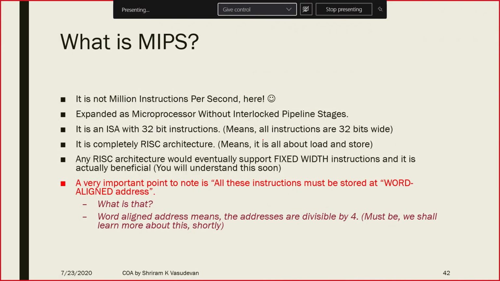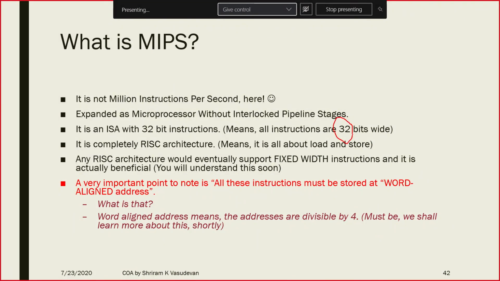It is instead microprocessor without interlocked pipeline stages. Remember, it is microprocessor without interlocked pipeline stages, which is abbreviated as MIPS. It is an ISA, an instruction set architecture, and it has 32-bit instructions. All the instructions are 32 bits wide.